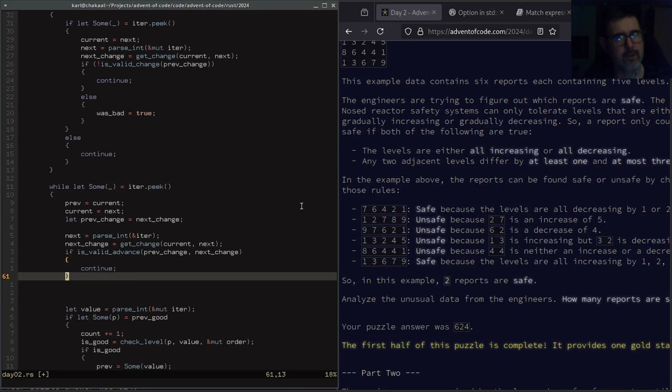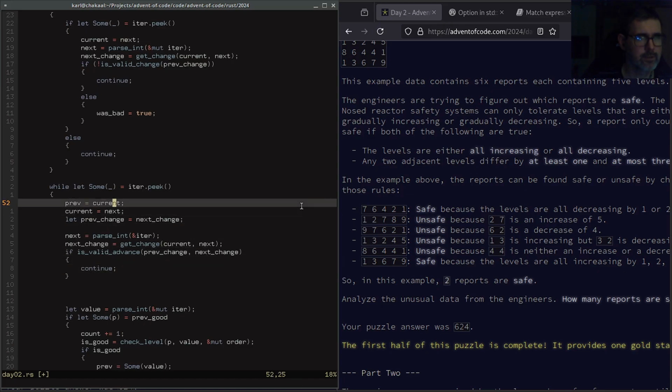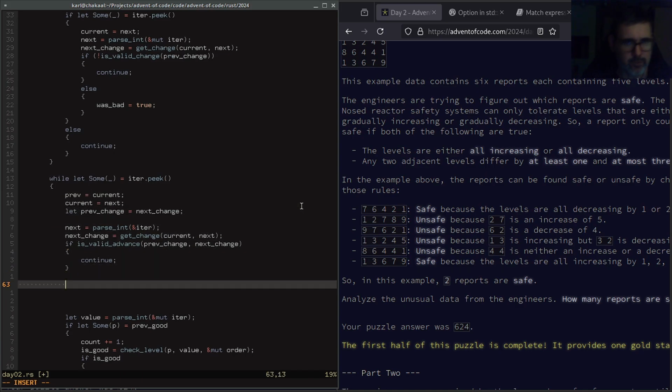So if it's valid, we just no, we don't continue. Oh yeah, we do continue because we're in yet another loop here. So we are not valid at this point.